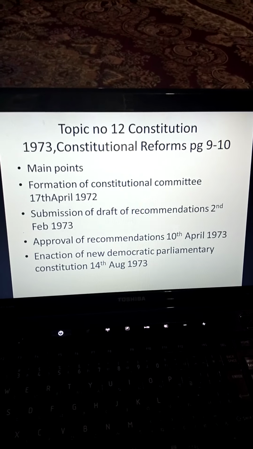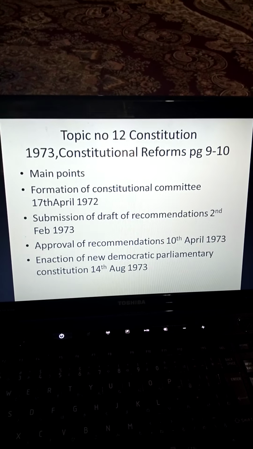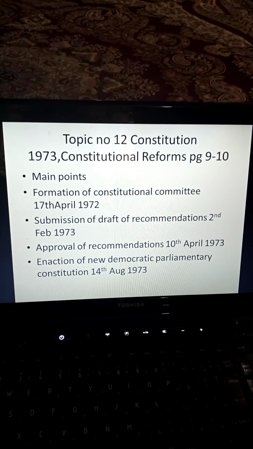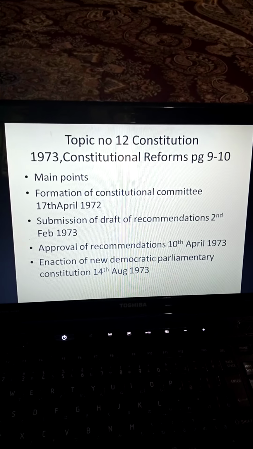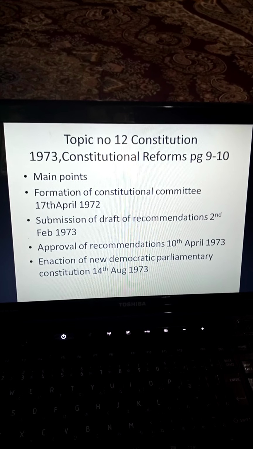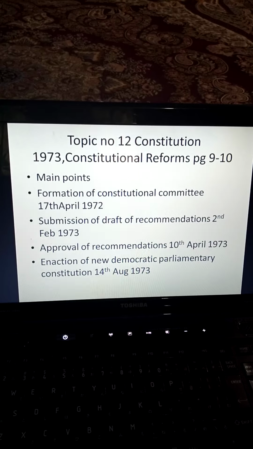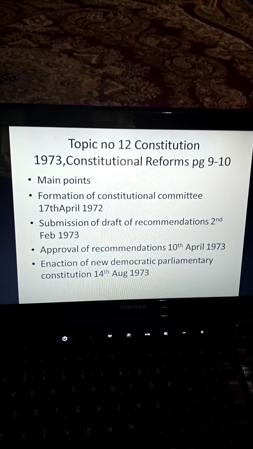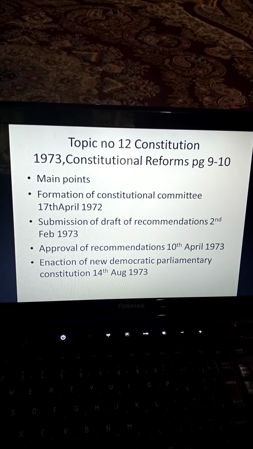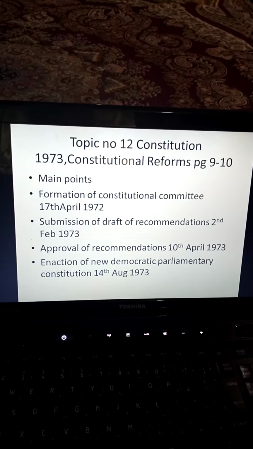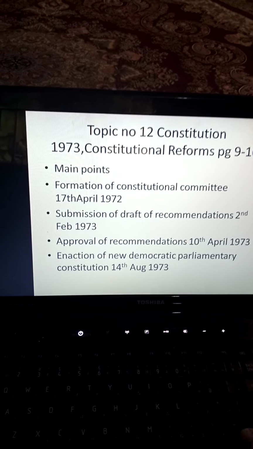Under this constitution, it means that this constitution was totally parliamentary. The powers lie under the parliament, the National Assembly and the Senate. According to this constitution, Chaudhry Fazl Ilahi was elected as the president, and Zulfikar Ali Bhutto was elected as the Prime Minister of Pakistan.